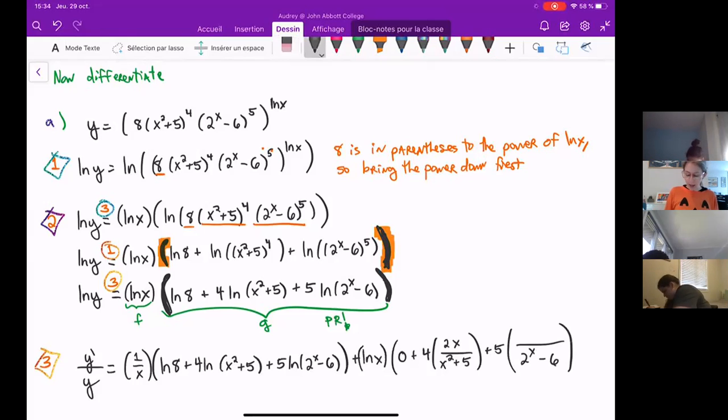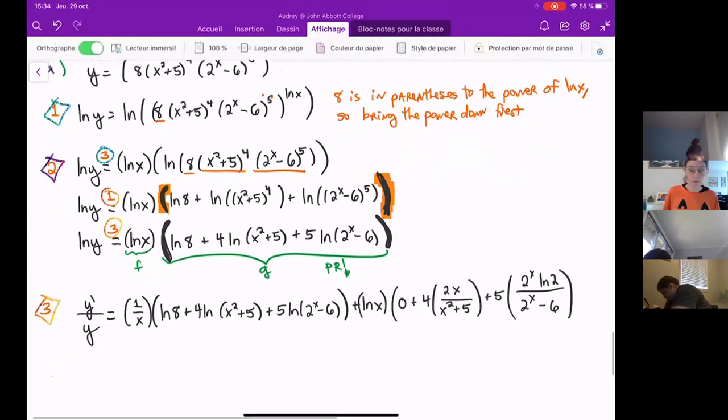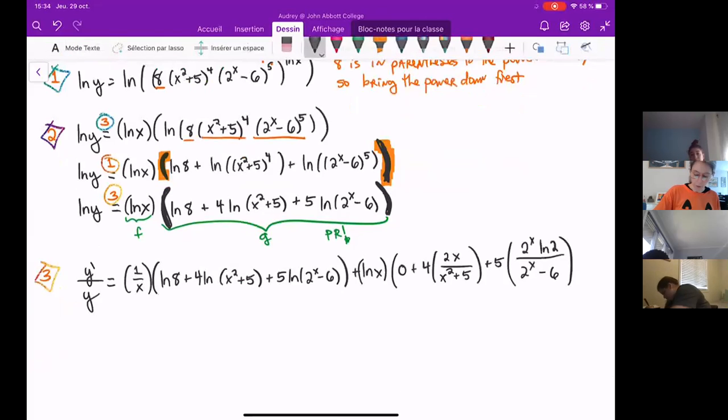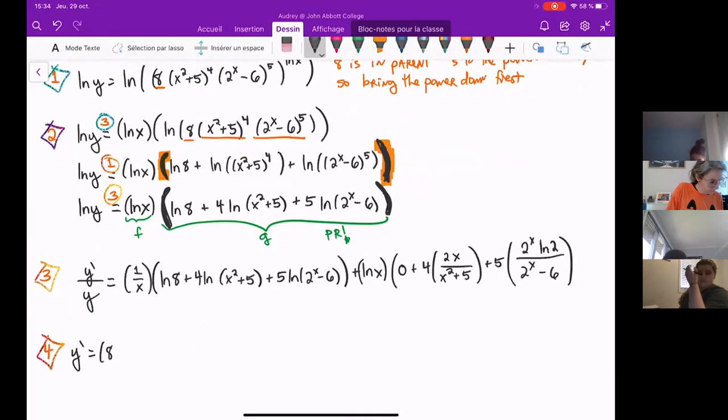And then in our final step, we multiply the y over. And this is another place where you need to be careful about your parentheses. So my y here, when I multiply it over, I had a product rule over there. So y prime is equal to the original function. Now I'm going to open some parentheses.